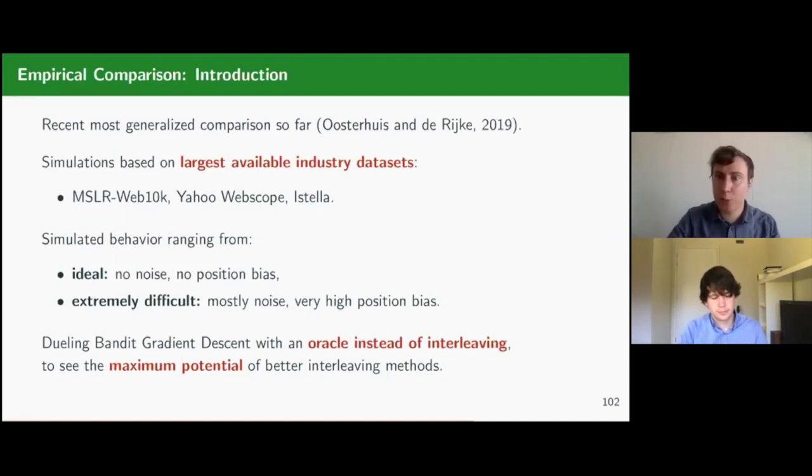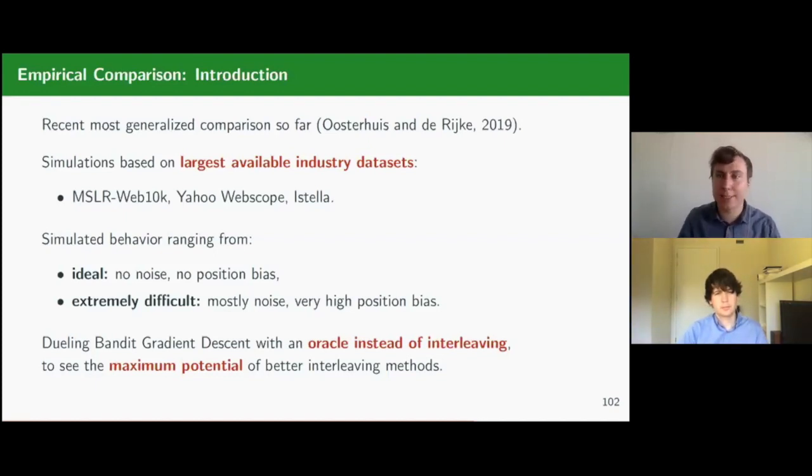Now, one thing that's important in these experiments is that the dueling bandit gradient descent method is provided with an oracle instead of doing its interleaving approach. And this is to really understand the maximum potential of this algorithm. Like, what if you had a perfect interleaving method?